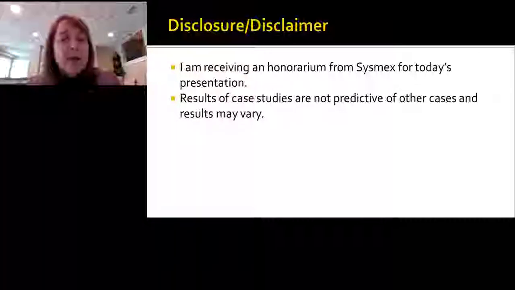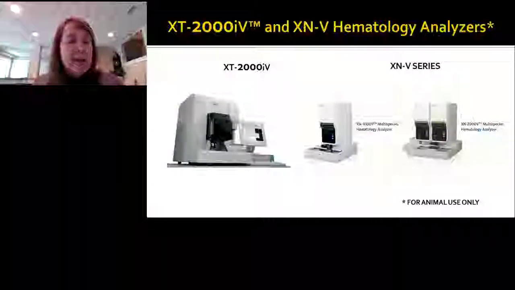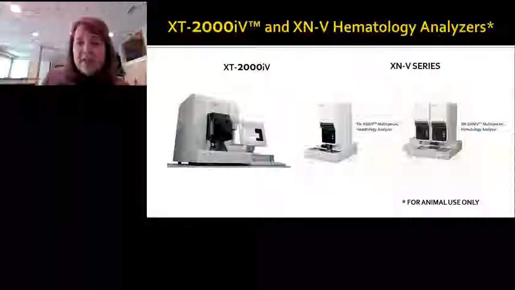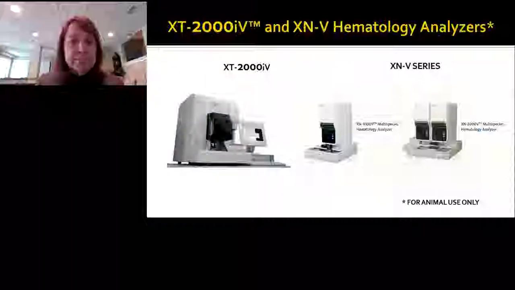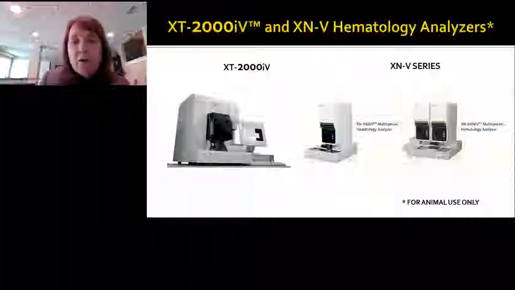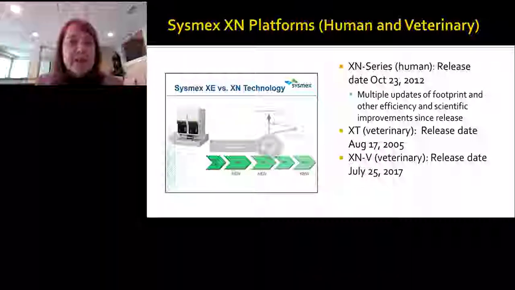The scattergrams that we're going to look at today were predominantly gathered from Sysmex analyzers, in particular the XT-2000i and the XN-V, both hematology analyzers specified for animal use. The Sysmex XN platform can actually be used for both human and veterinary applications.